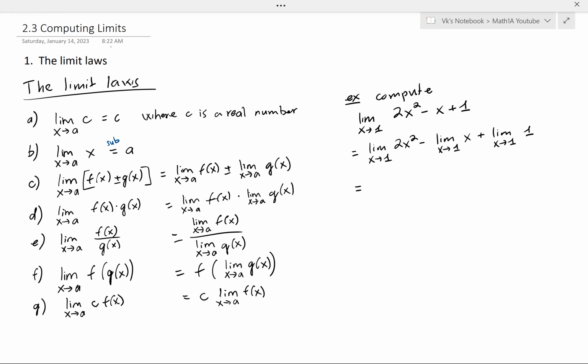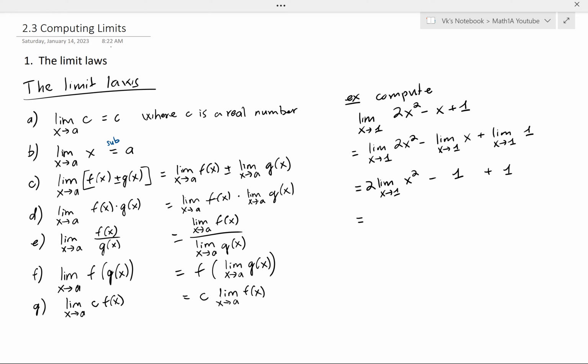And then from here, we can use law G, move the 2 outside. The limit as x approaches 1 of x squared. Well, this is the direct substitution from law B1. And the last limit comes from law A1.